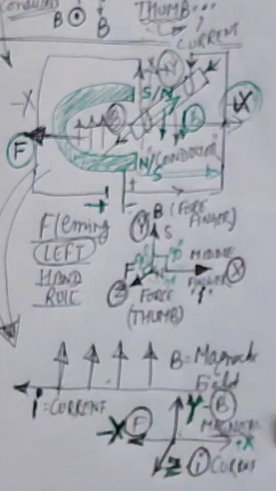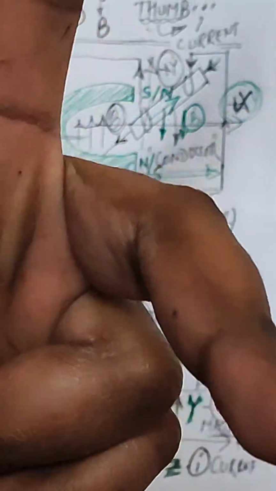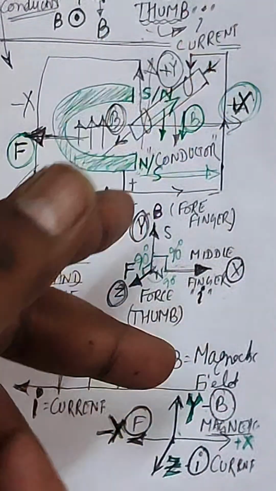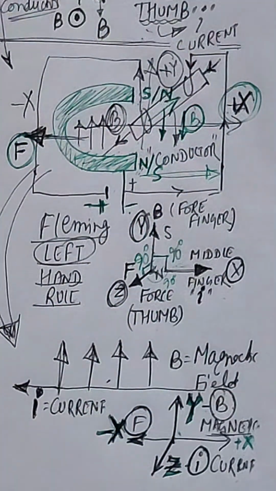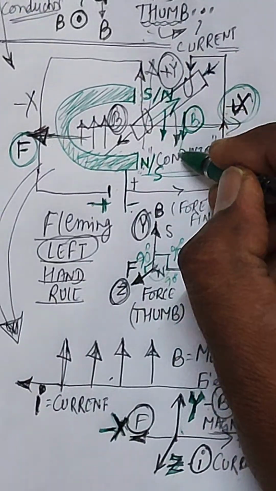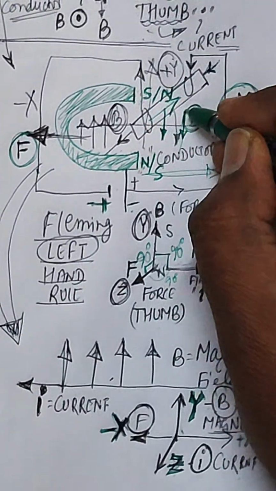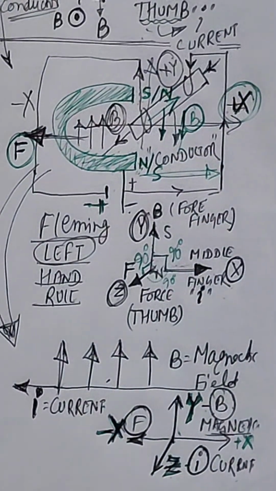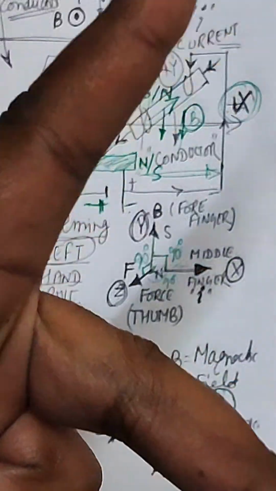So you can see how this will be happening. Earlier it was in the direction of the magnetic field. Now just change this. If you change this, the magnetic field will be like this, then current perpendicular to it coming out of it, right? Then what will happen?